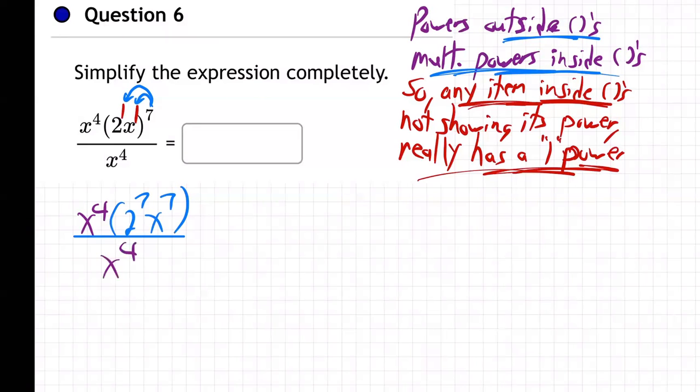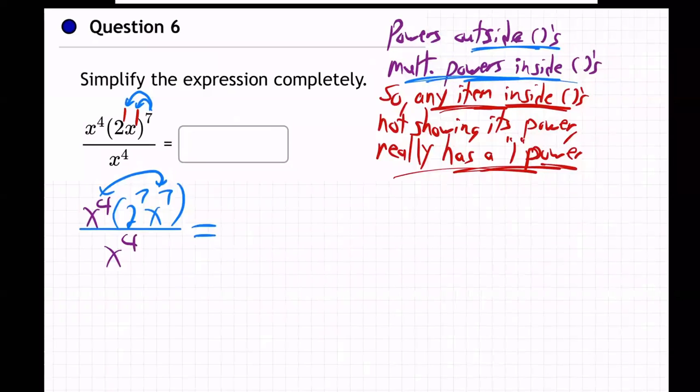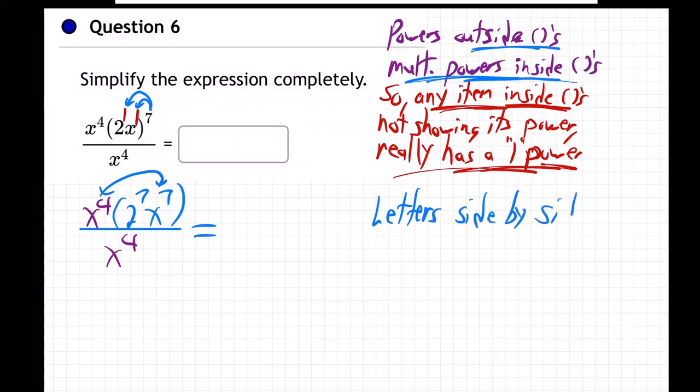Okay, so now where do we go from here? Well, let me write it over here. Letters side by side are multiplying. That's what it means to be side by side.